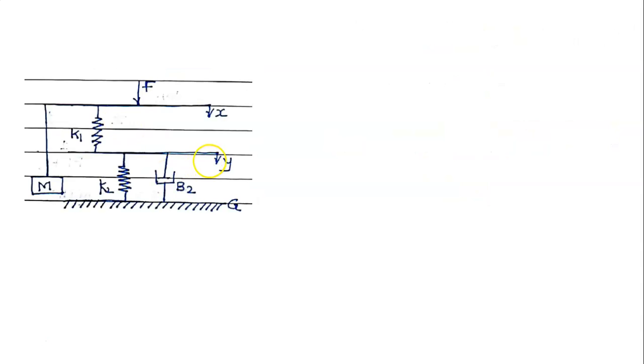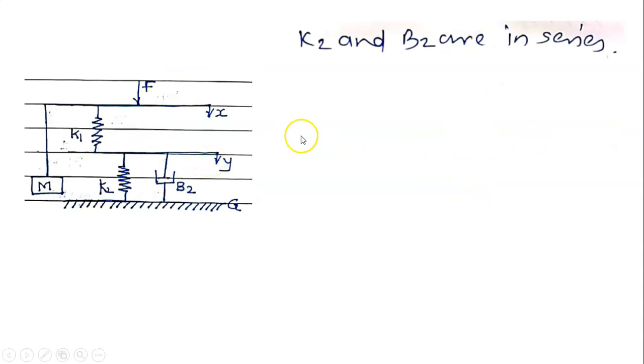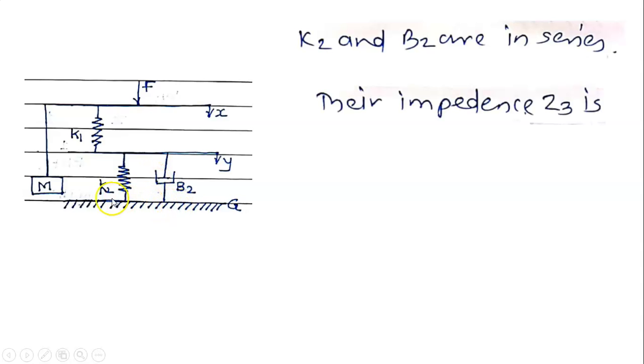Now again the same diagram. K2 and B2 are in series. Therefore, their impedance Z3 is equal to B2D plus K2.